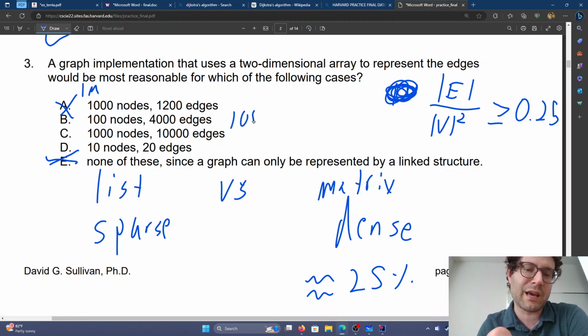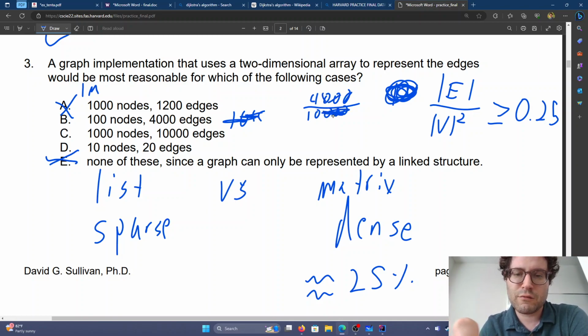That is 10K possible edges, so 4,000 edges over 10,000, which simplifies to 4 out of 10, 40% of all possible ones. That's probably the right answer, but we'll continue on.